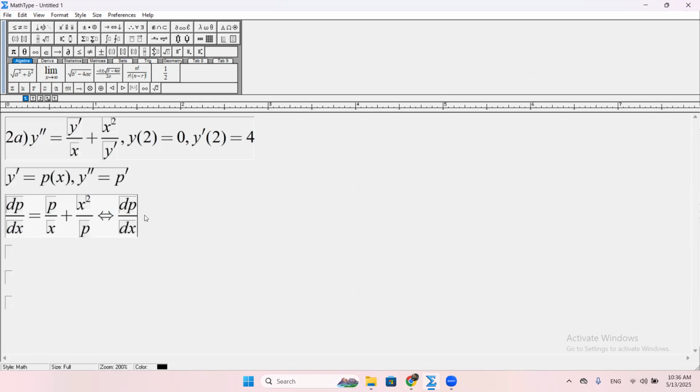We'll find the common denominator for the right part, so p square plus x cube over px.